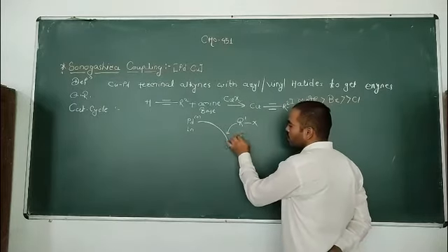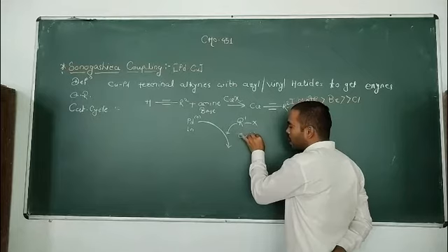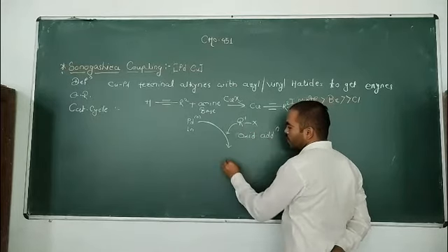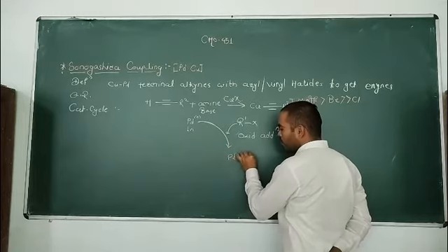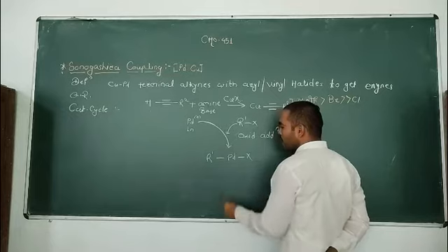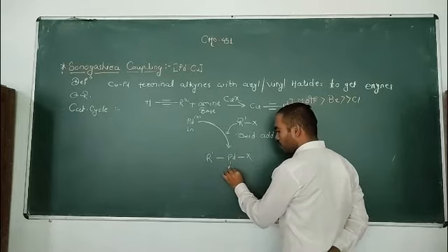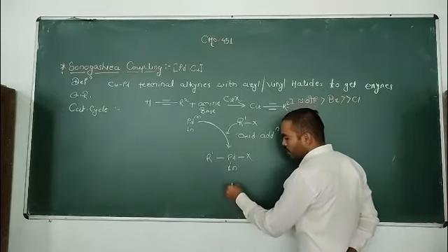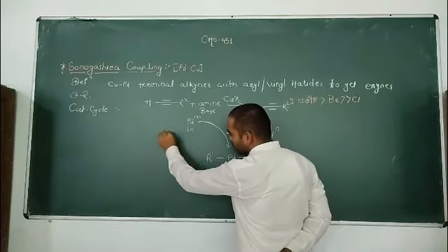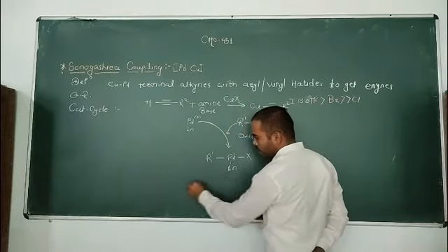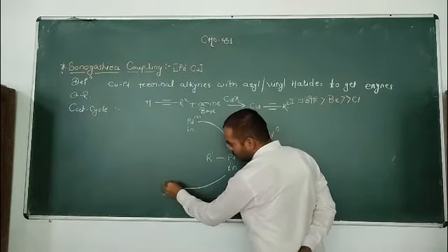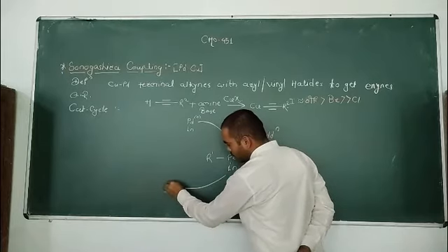After oxidative addition of the halide, we get palladium attached with the halogen and our aryl or phenyl group R1, along with ligands. The next step is the transmetallation step.